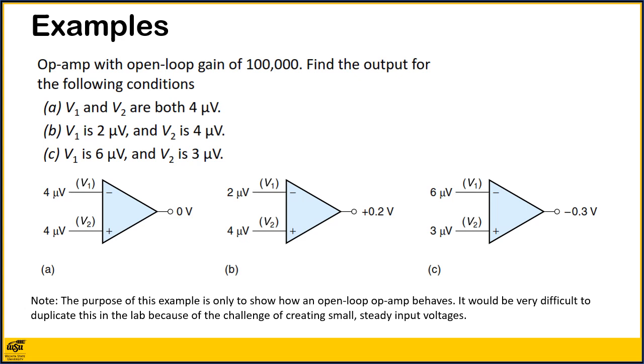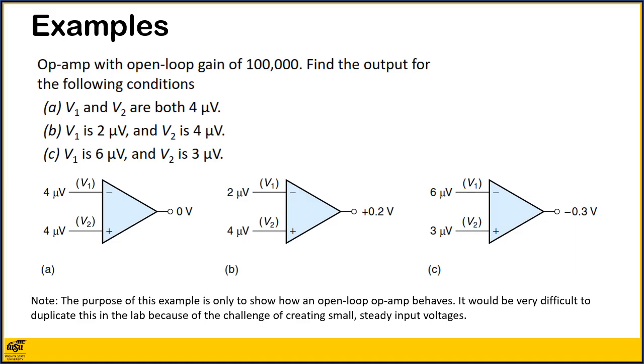These figures show an op-amp with an open-loop gain of 100,000. Find the output for the following conditions. A. V1 and V2 are both 4 microvolts. B. V1 is 2 microvolts and V2 is 4 microvolts.